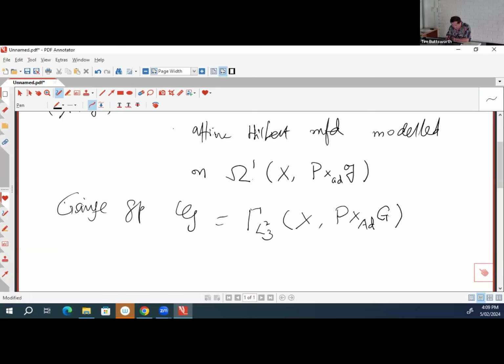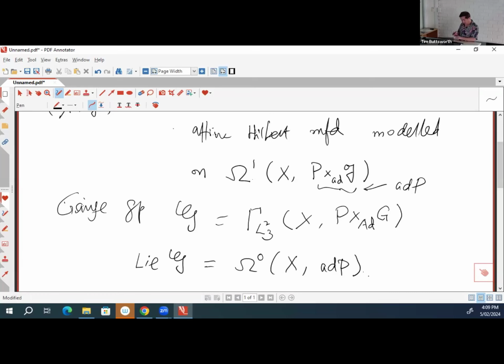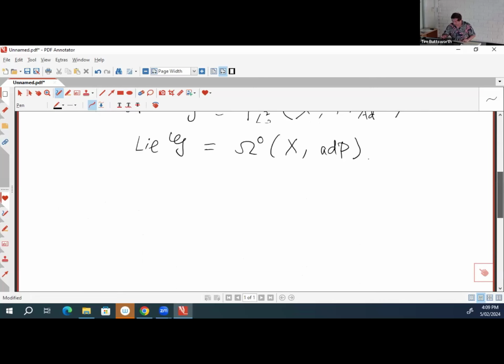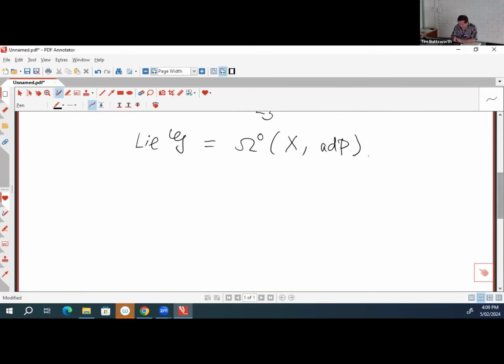You can see that the principal bundle may be nontrivial, with no global section, but this associated bundle has sections. If you look at the identity component of this gauge group, this will be the Omega zero of this. So we're going to call this Ad P valued sections, functions.